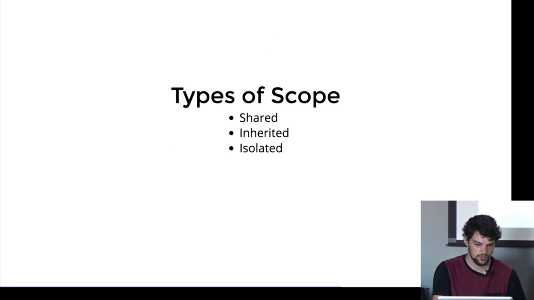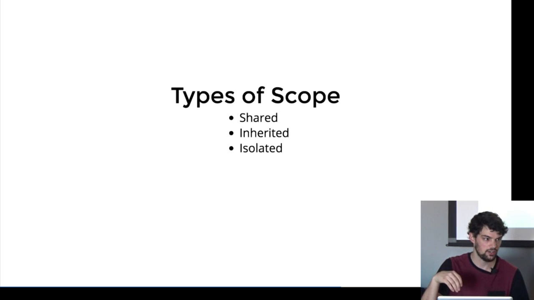Now we're going to talk about some different kinds of scopes that we can use. Here are the types of scopes. Shared is actually the default, and we saw that when we added the same directive over and over again. It was sharing the same scope. Then we have inherited, which means the child inherits the parent's scope.